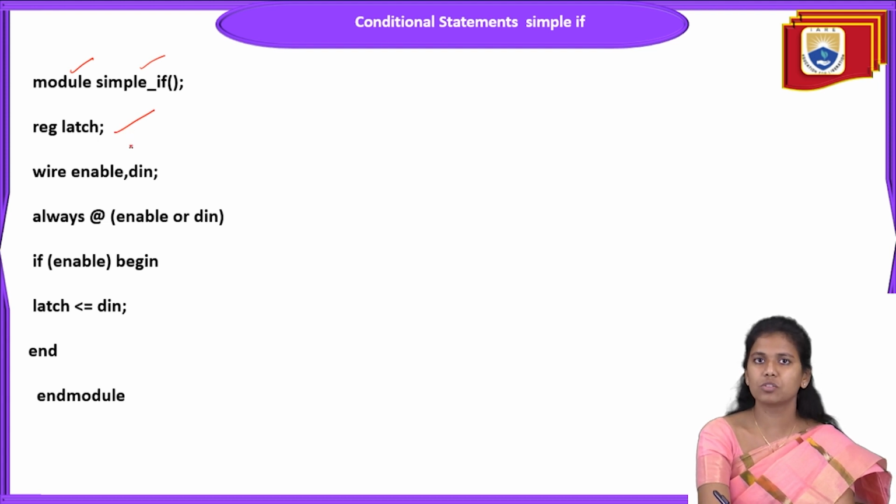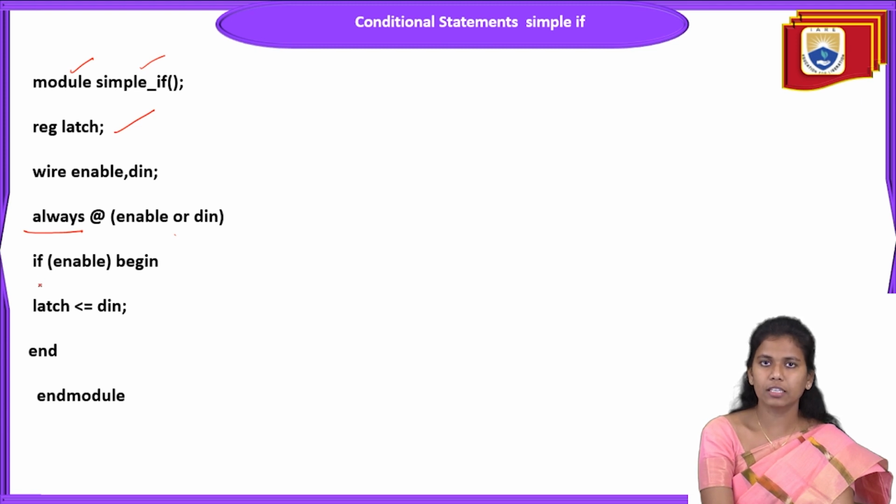Latches and flip-flops are storage devices; they store 1 bit of information. Inputs: enable, d input, and then always @. Always is a keyword in behavioral modeling. In order to write a particular syntax, always is a keyword we need to specify, before initial. So always @ enable or d input.